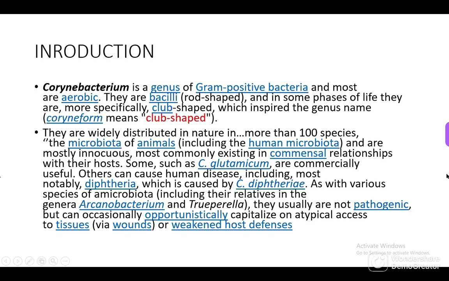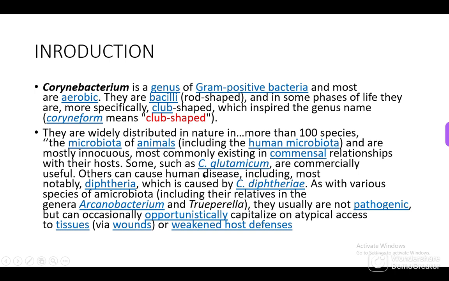They are widely distributed in nature as commensals also, and there are more than 100 species of Corynebacteria which affect animals, including humans, and are mostly innocuous, most commonly existing in commensal relationships with their hosts. Commensals are the bacteria which are neither beneficial nor harmful to the body.